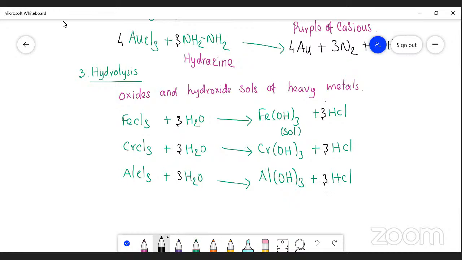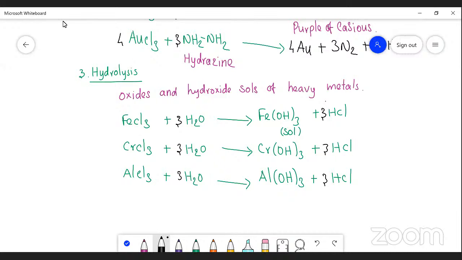This is the hydrolysis method. By hydrolysis we prepare the hydroxides of heavy metals, that is d-block elements, and aluminum is a p-block element. So oxides or hydroxides of heavy metals are prepared by hydrolysis.